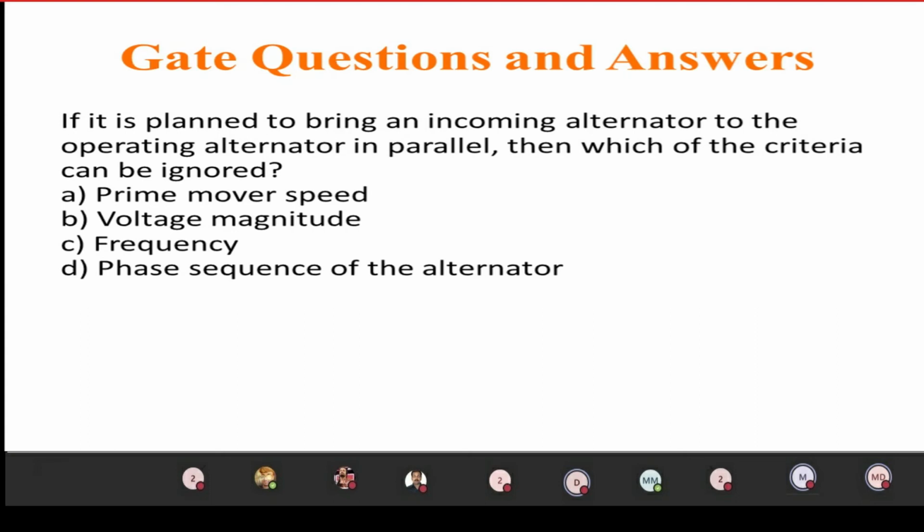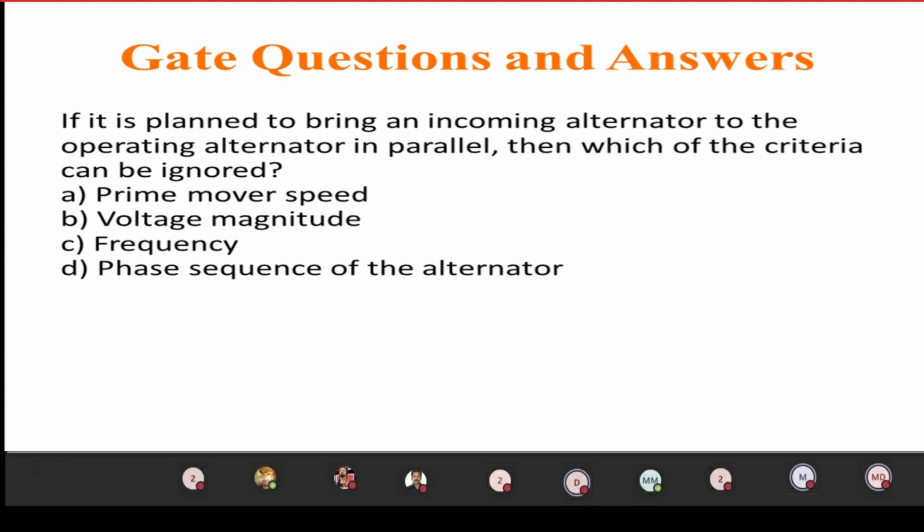D, phase sequence: the third condition is that the phase sequence must be the same. The remaining one is the prime mover speed.